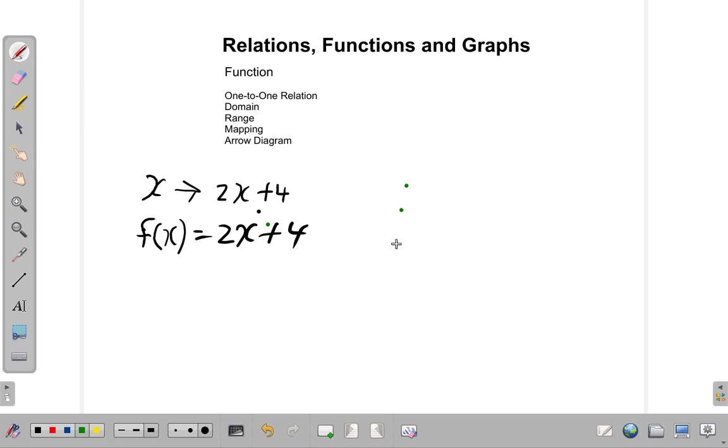Now, let us put in some values for the domain: 1, 2, 5, 7, 15.